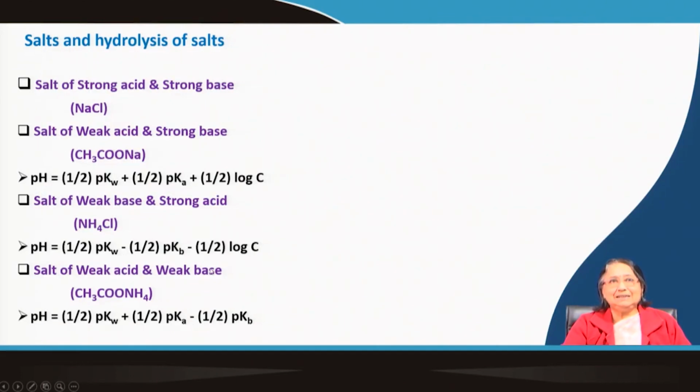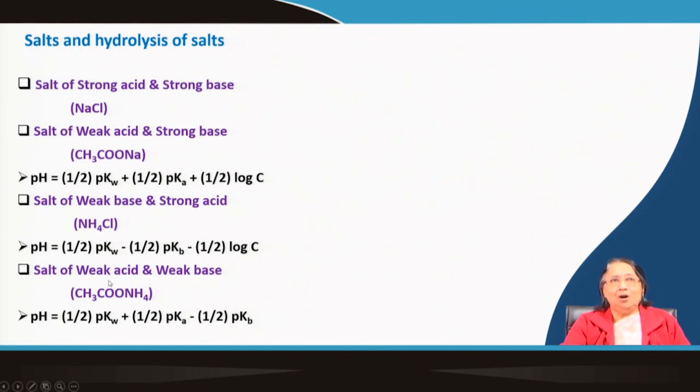And for a salt of a weak acid and a weak base, one example is ammonium acetate, pH equals half pKw plus half pKa minus half pKb. Here both are weak, the acid and the base, so both the terms pKa and pKb are coming here.